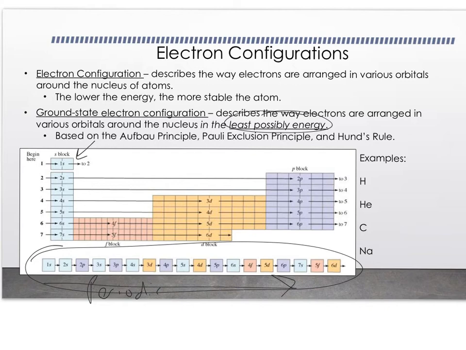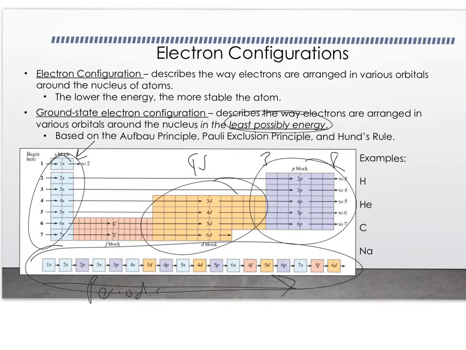Your 1s or your S block is going to be groups 1 and 2. Your P block is groups 3A through 8A. Then you have your D block, which is your transition metals. And then your F block, that is your lanthanides and actinides. So we have to know the SPDF and where they are located.